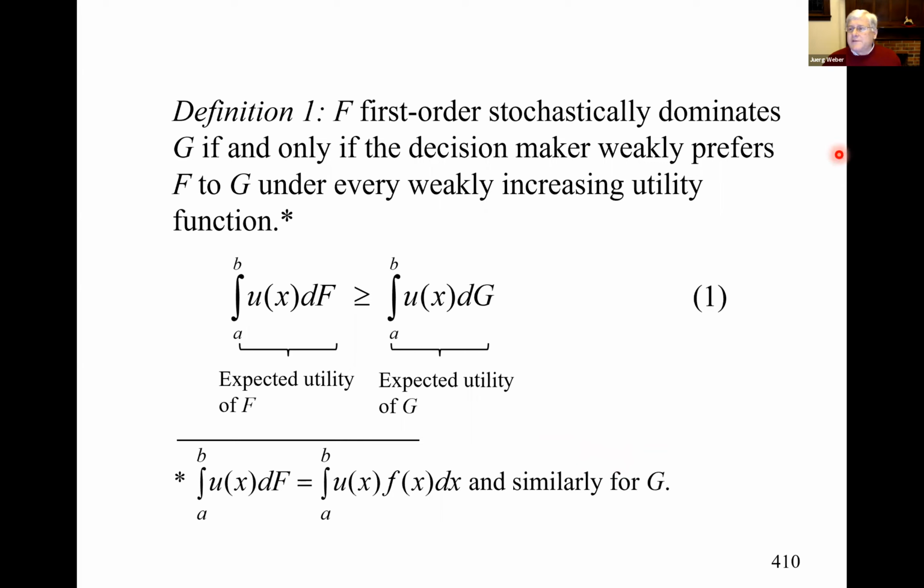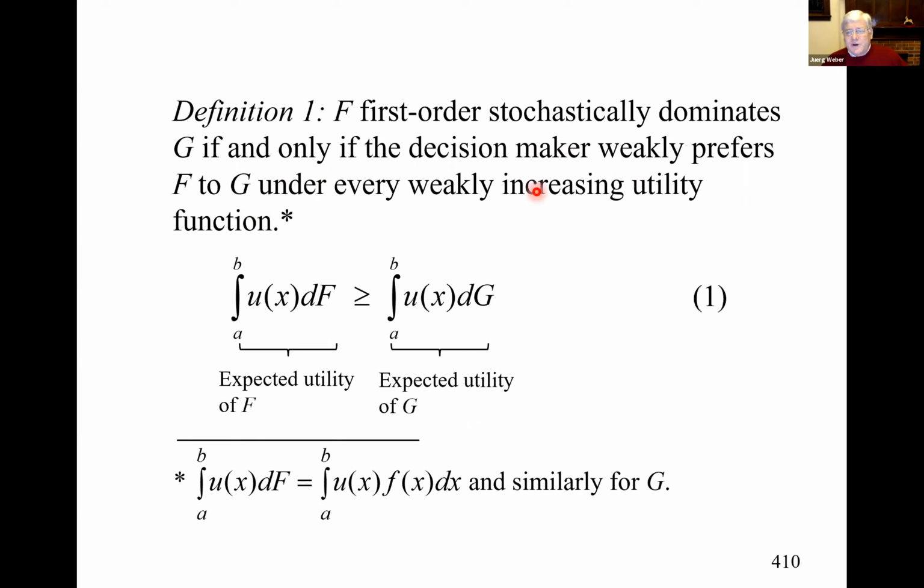Here we have the definition of first order stochastic dominance. The distribution F first order dominates G if and only if the decision maker weakly prefers F to G under every weakly increasing utility function.